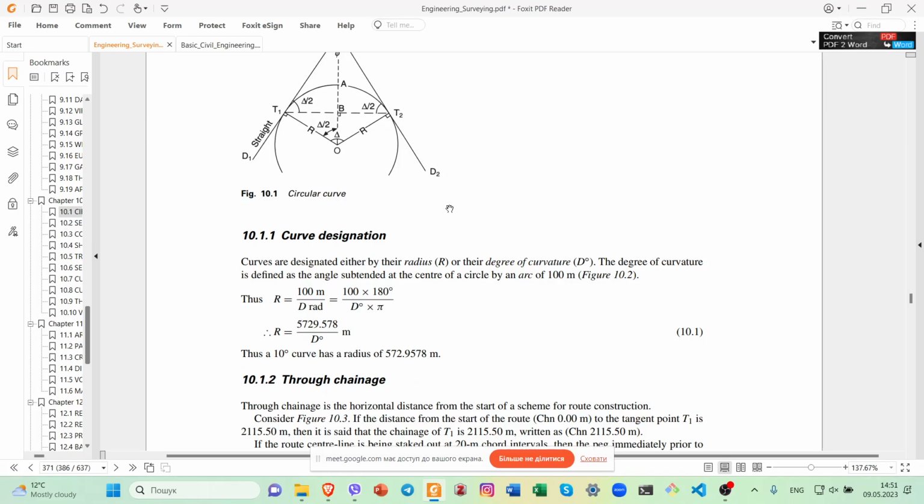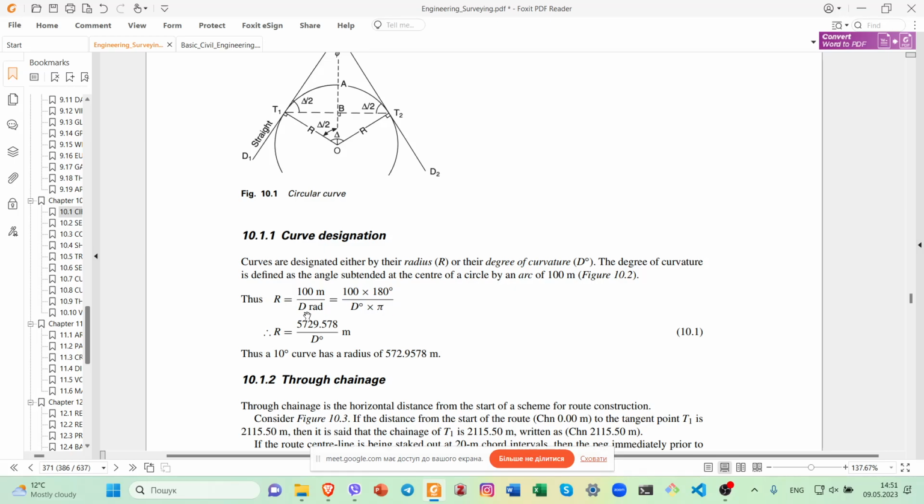Well, curves are designated either by their radius or their degree of curvature. The degree of curvature is defined as the angle subtended at the center of the circle by an arc of 100 meters.